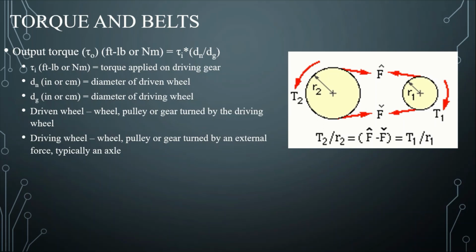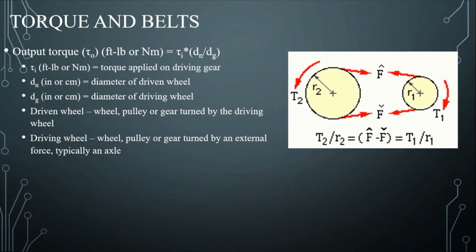So in order to find that, you take the input torque, which we'll say is T1, and you multiply that by the ratio between the diameter of the driven wheel, which is, in this graphic, the larger wheel, and that's the wheel that is being moved due to the motion of the driving wheel. The driving wheel is what we are turning ourselves. We are putting force onto that, and therefore it will apply that force to the driven wheel, and that will generate a torque for it.